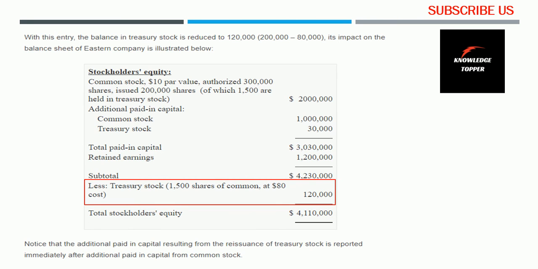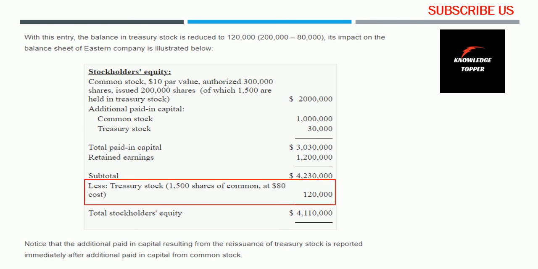Now, there's one important thing you notice: the additional paid in capital resulting from the reissuance of treasury stock is reported immediately after the additional paid in capital from common stock.